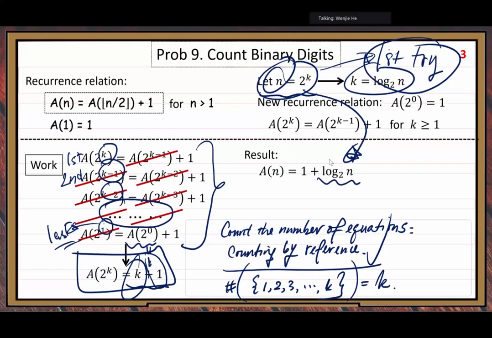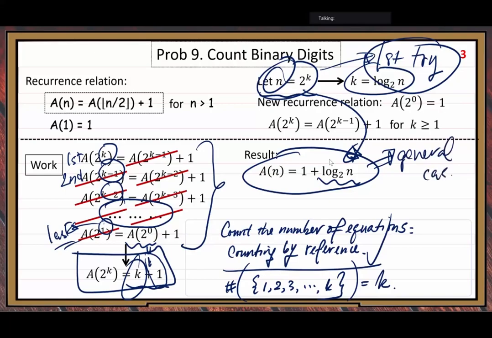So next step, how can we move from the best case scenario to the general case? Another big step jump. Here we need to make another big step jump, from a power of 2 to an arbitrary positive integer.